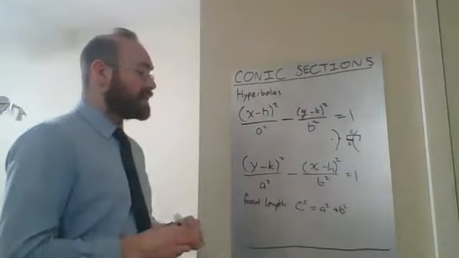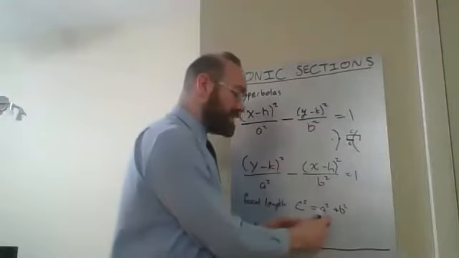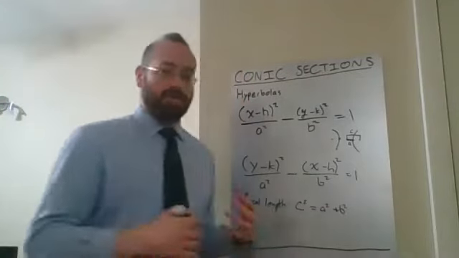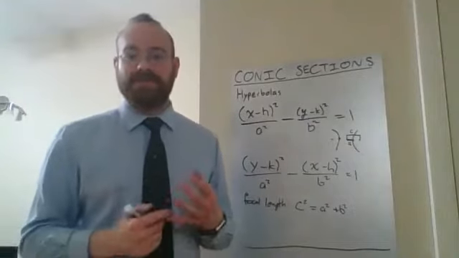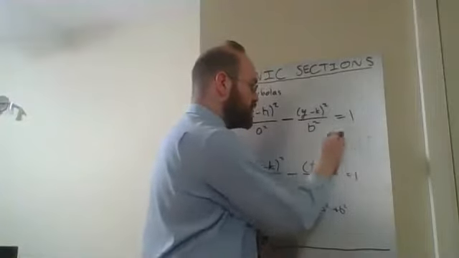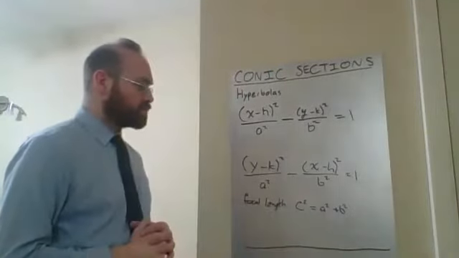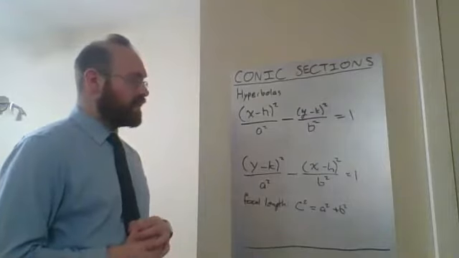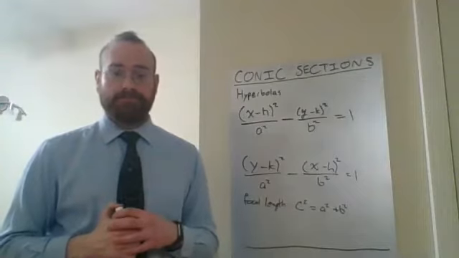So in this case, because C needs to be bigger than A, we have to add something to A squared in order to find C squared. And that special extra amount is B squared. So take another moment, write this down, and then we'll come back with an example of graphing a hyperbola.